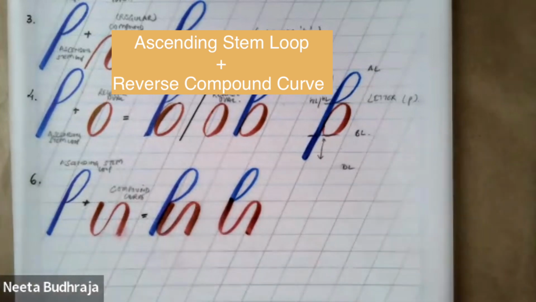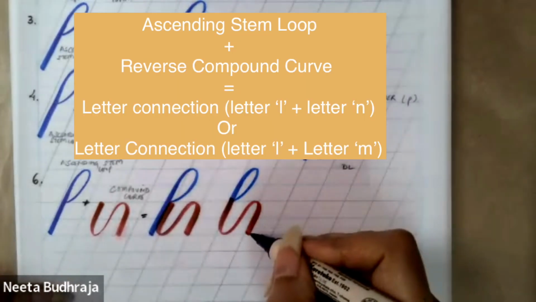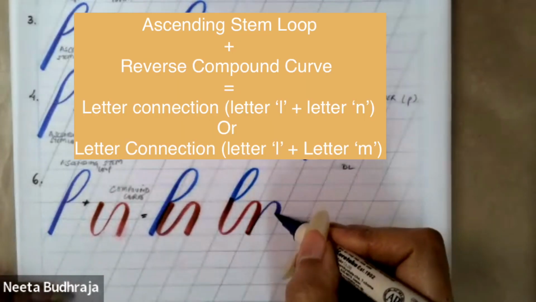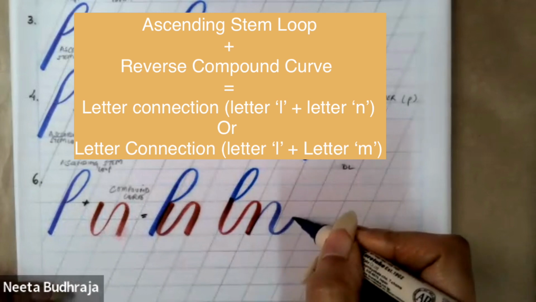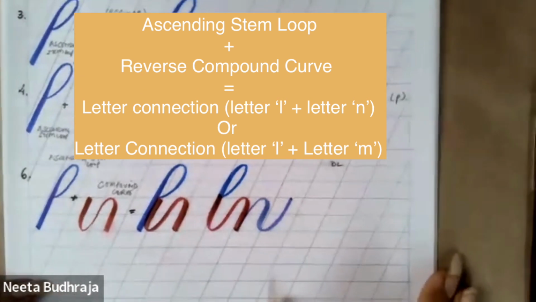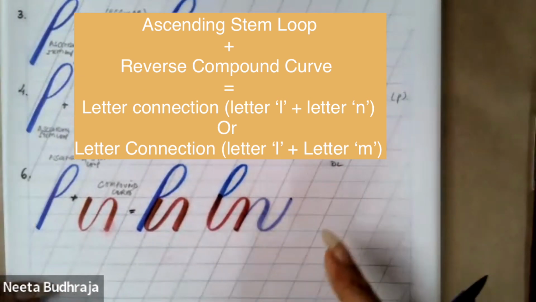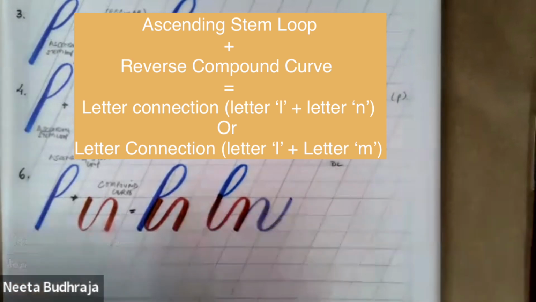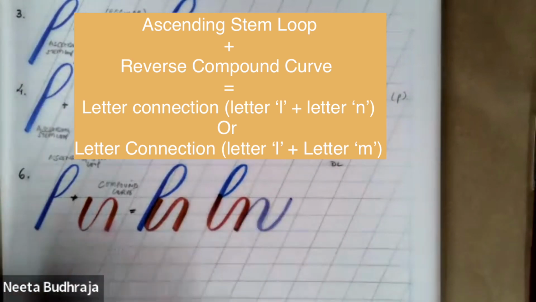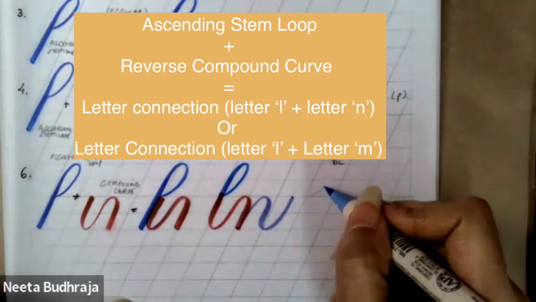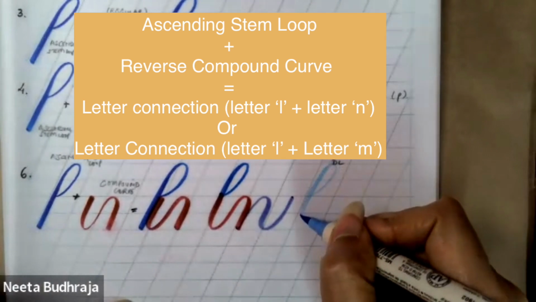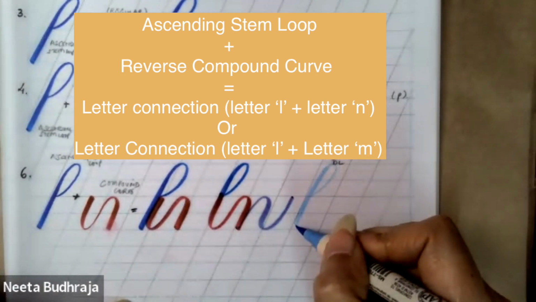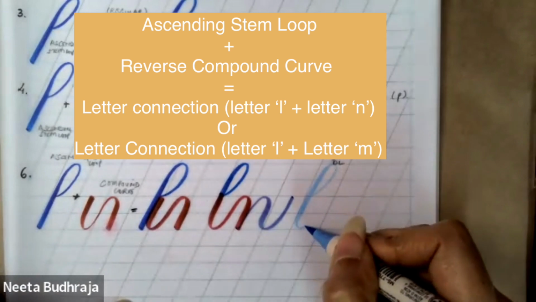So that can be done. Let's have a look. If we are creating our letters, this is letter N. And same ways, we can use it for our letter M, the same style. So let's have a look. This is L. I hope it is visible. Yes, somewhat visible.